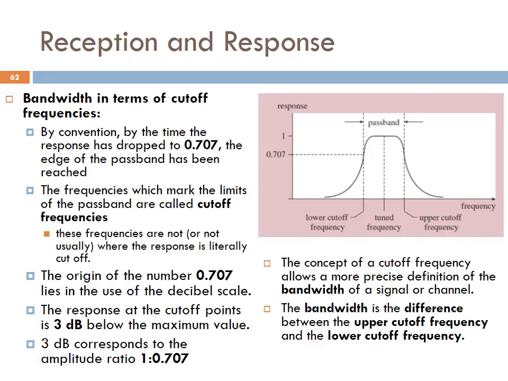So we take the maximum response value at the top, and down to the edges at 0.707, and we will have on one side the lower cutoff frequency at this response value, and on the other side at this response value the upper cutoff frequency.